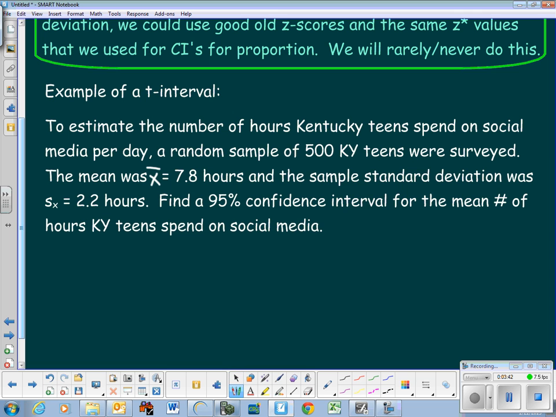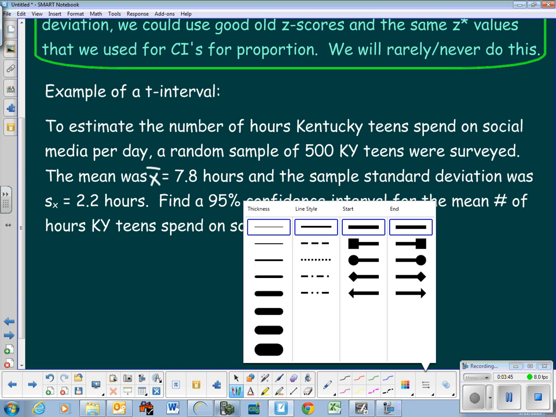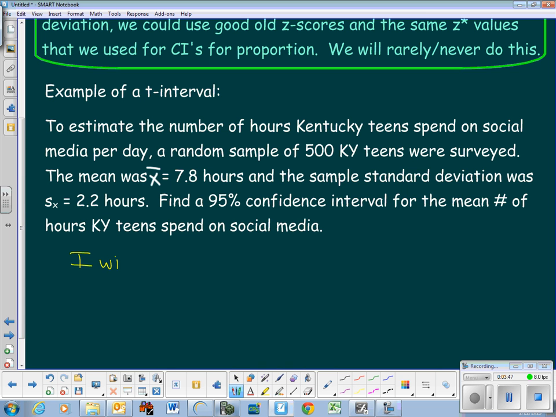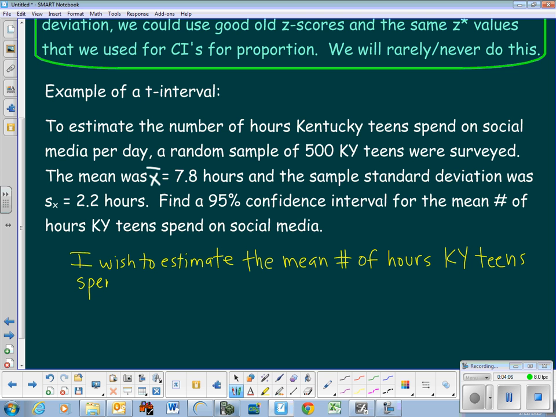I wish to estimate, just restating the question, the mean number of hours, context here, Kentucky teens spend on social media per day.